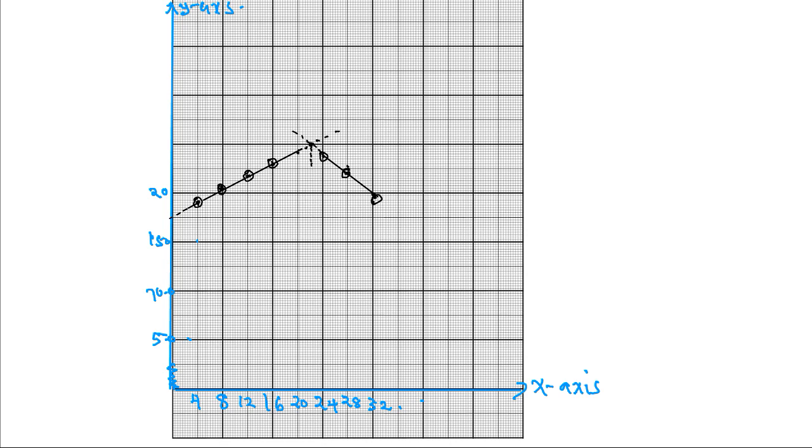There has to be extrapolation so that we are able to know the highest temperature. As you can see, our graph is now giving us the highest temperature. Good.